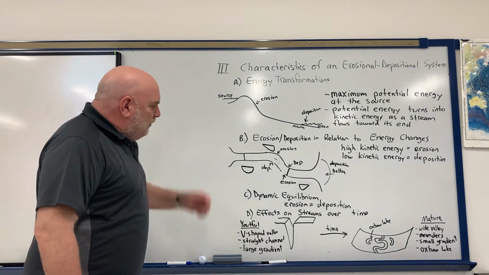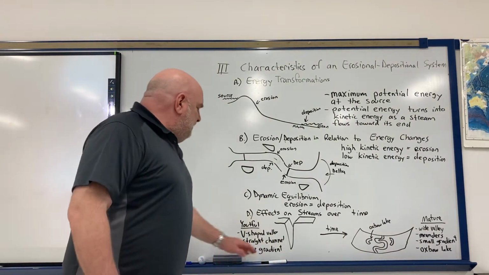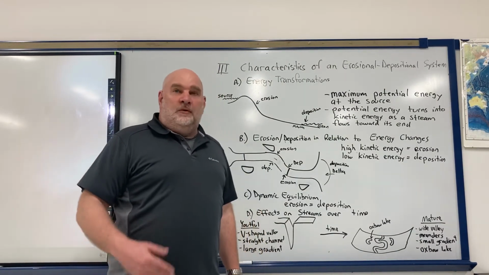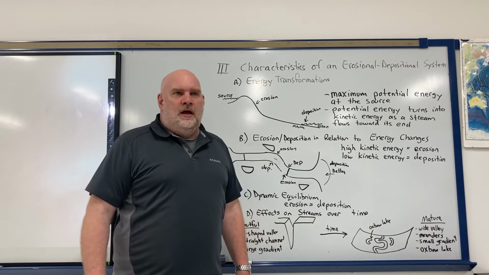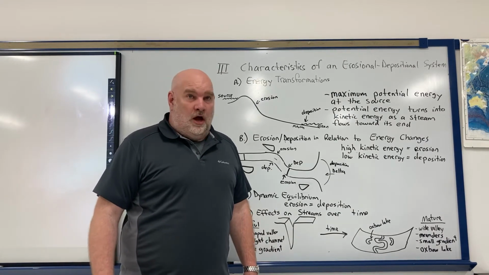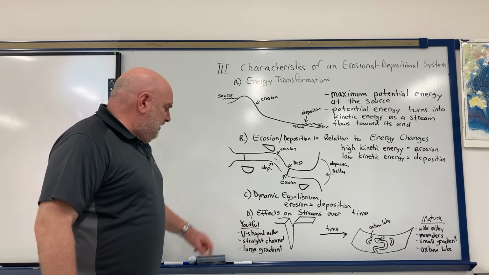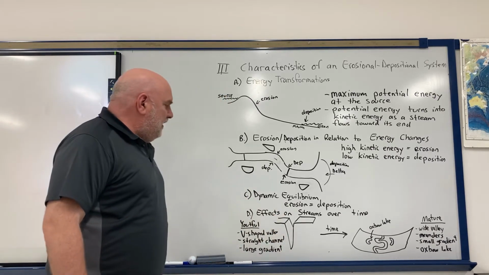Now, how streams change over time. All right. Now, I've mentioned before that streams carve out V-shaped valleys, but they don't keep that V-shaped valley forever. Streams only have really V-shaped valleys when they're relatively young. We call it the youthful stage of a stream, when it has a very narrow V shape to it.